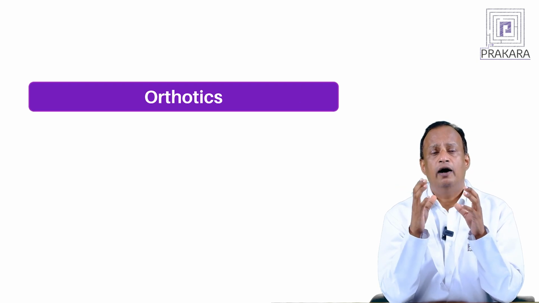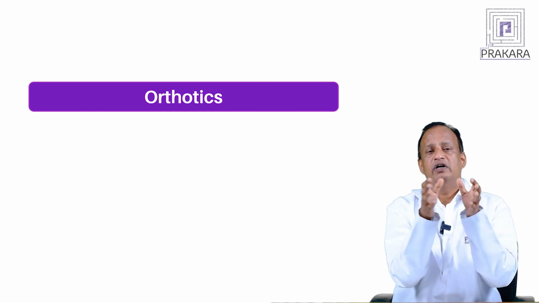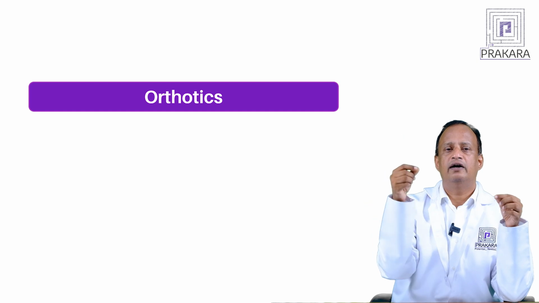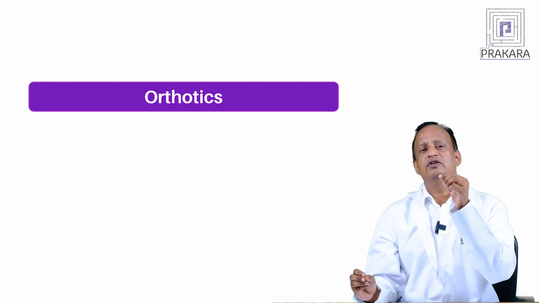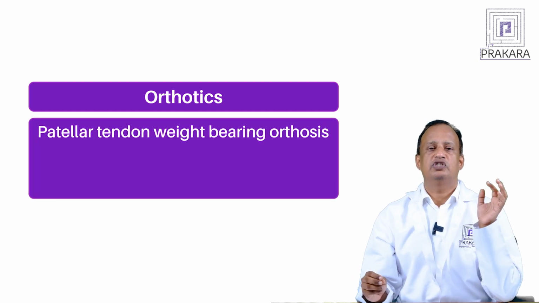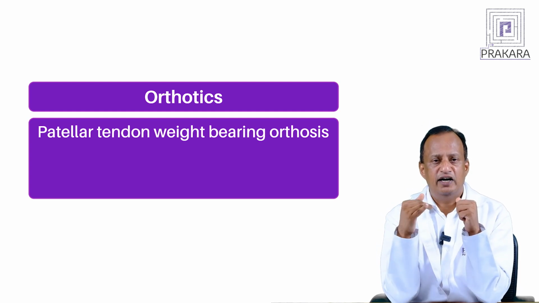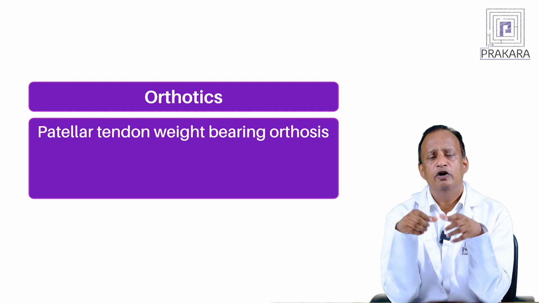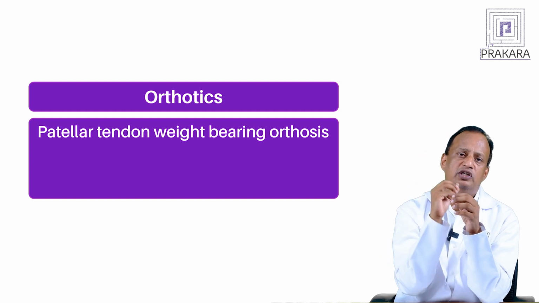That will distribute weight from the joint and take away the joint compression forces, which would be transmitted in another pattern. For example, we can prescribe a patellar tendon weight bearing orthosis. What it does is produce a weight shift from the axis towards dispersion of the weight into the orthosis and the remaining part of the limb. So that causes less joint compression.